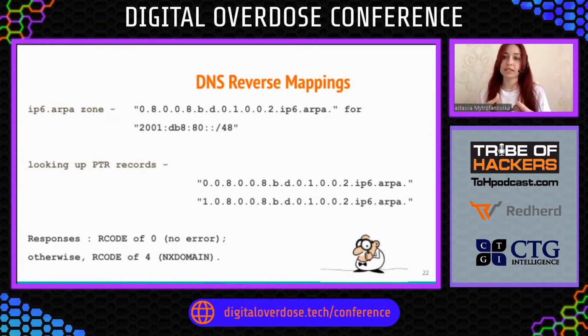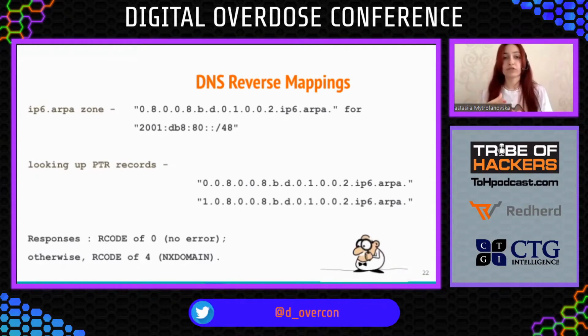What is most interesting about this technique, DNS reverse mappings, is that it can greatly reduce the IPv6 address search space. Basically, an attacker walks through the ip6.arpa DNS zone corresponding to a target network, issuing queries for PTR records corresponding to the domain name.